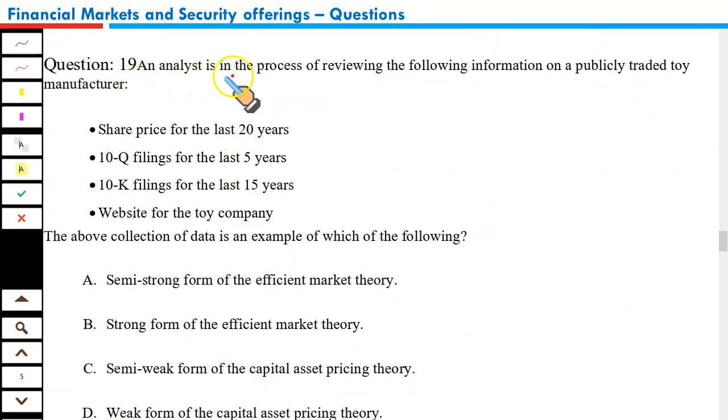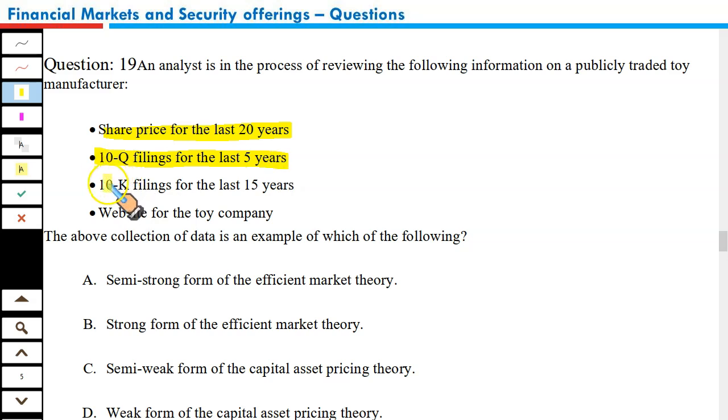An analyst is in the process of reviewing the following information on a publicly traded toy manufacturer. Share price for the last 20 years. This is made available to him. 10Q filings for the last 5 years. Remember, there are certain regulatory filings with the Securities and Exchange Commission in the US. One of those is 10Q and 10K.